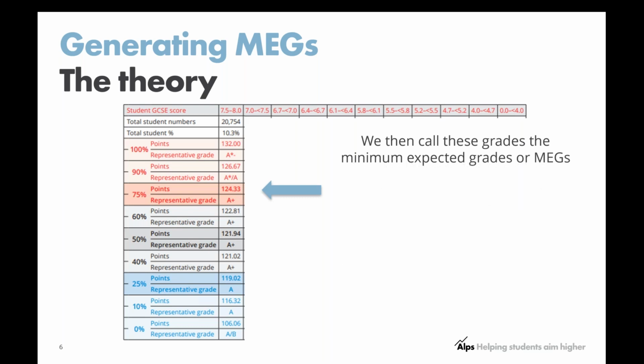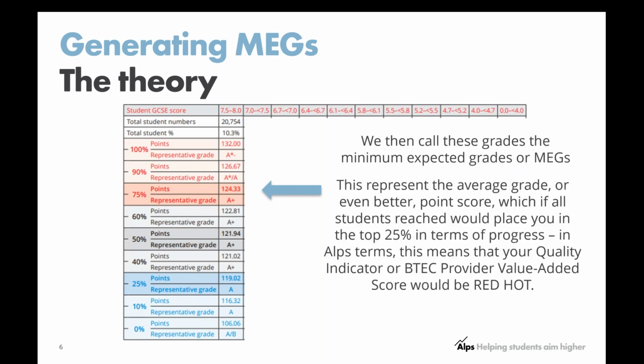So those minimum expected grades, I'll call them MEGs from now on, if that's okay. Those MEGs then represent the average grade, or if you want to take that point score, which students reached if you put them in the top 25% of providers in the country. Now, in Alps terms, that means that overall as a school, if you got all of your young people that in each of those prior attainment bands, then you would be red hot.